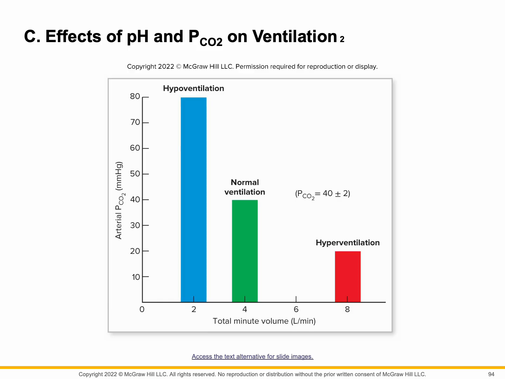Normal ventilation will have 40 millimeters of mercury arterial partial pressure of carbon dioxide. And in the case of hyperventilation, we're at 20 millimeters of mercury for partial pressure of carbon dioxide in the arterioles, in the bloodstream. PCO2 is 40 plus or minus 2.